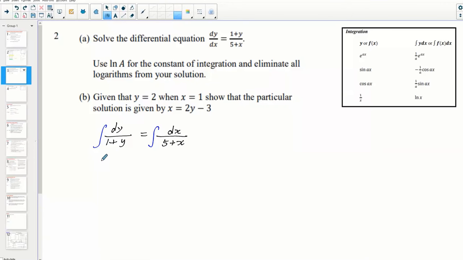So this one will therefore be log of 1 plus y, because it's 1 over 1 plus y, equals log of 5 plus x, and don't forget the constant. Okay, and this is the A part of this question, because we are trying to get a general solution first.